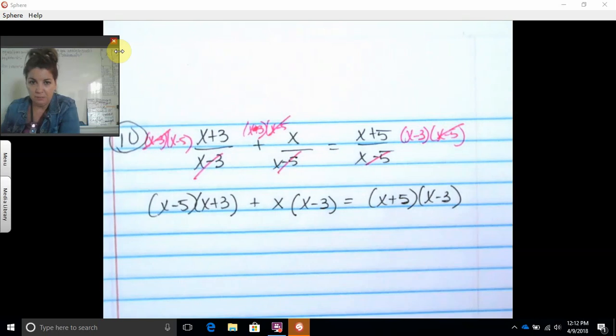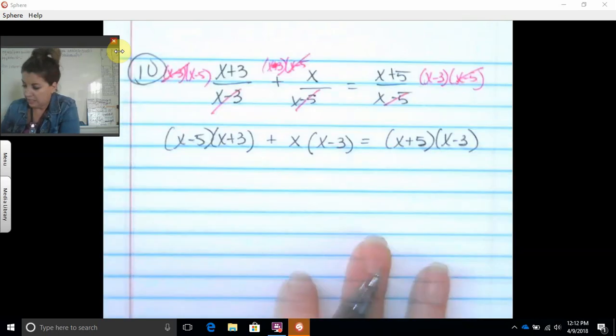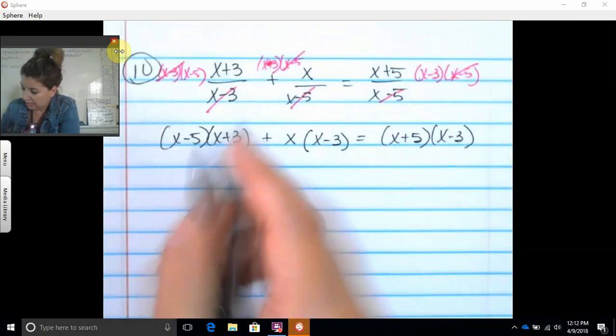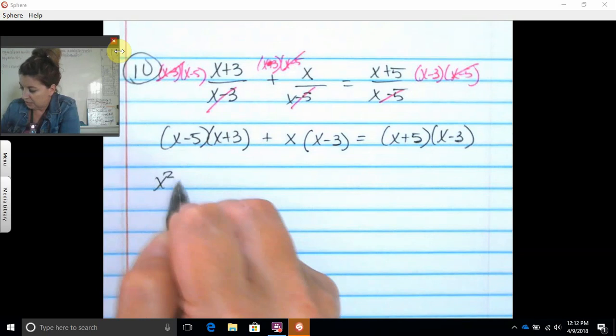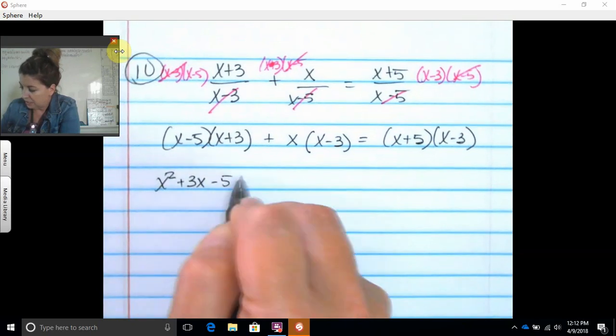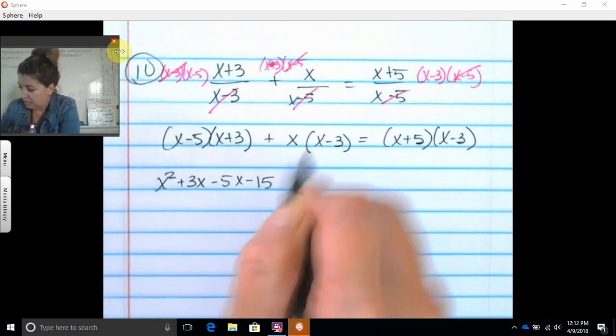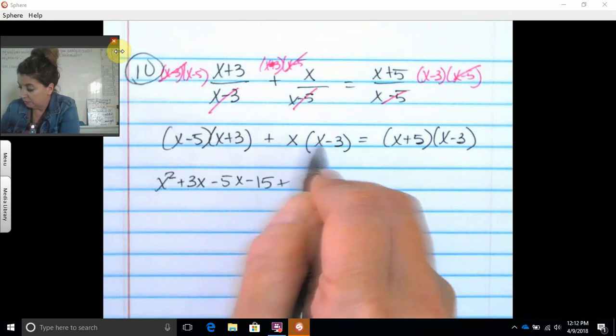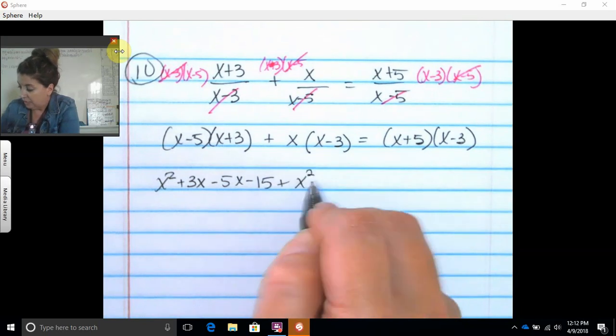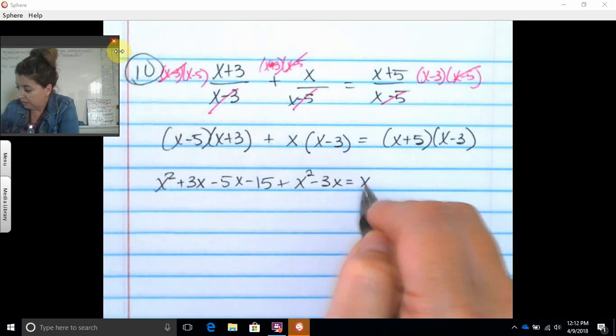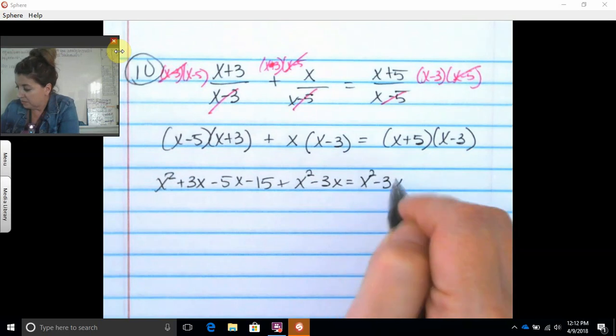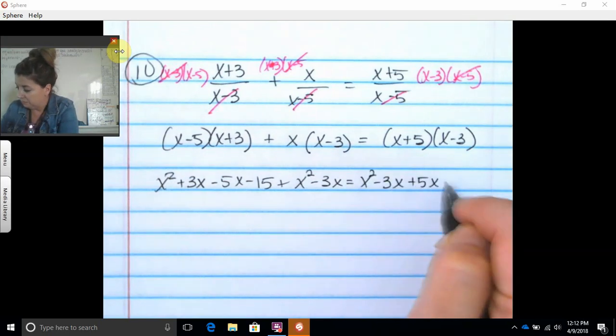I'm going to go fast, okay, y'all? So I'm going to distribute all this out. So I get x squared plus 3x minus 5x minus 15 plus x squared minus 3x equals x squared minus 3x plus 5x minus 15.